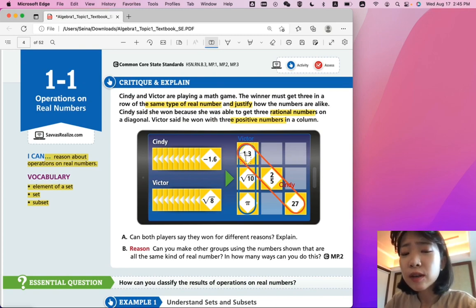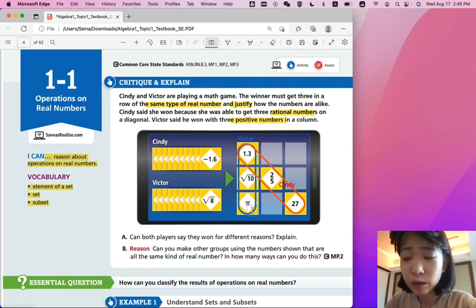If you look at Victor's cards, 1.3, square root 10, and pi. And he's saying he got 3 positive numbers in a column. Well, they're all positive, right? Yeah. The numbers include decimals, square roots, and an irrational number.